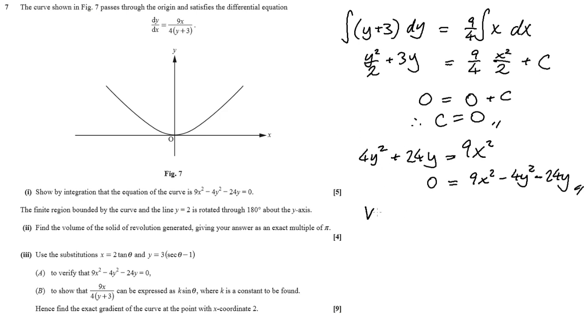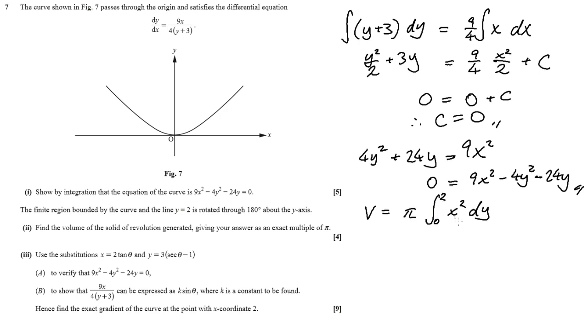So the volume V equals pi times the integral of x² dy from the y limits, which start at 0 and end at 2, because the range never reaches negative y.